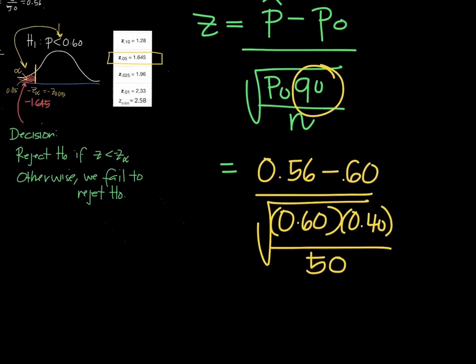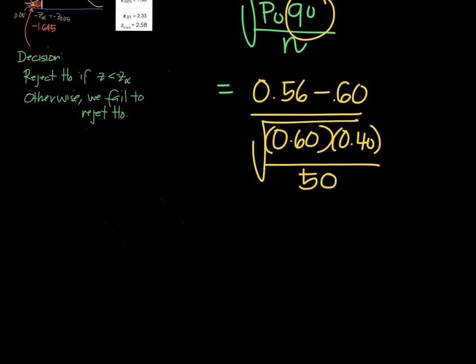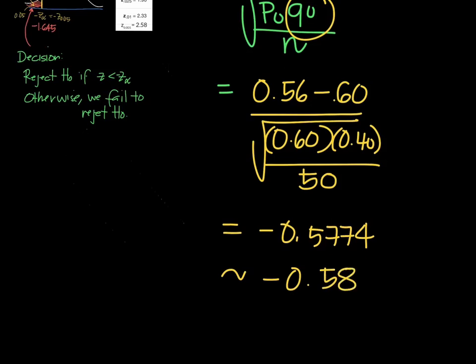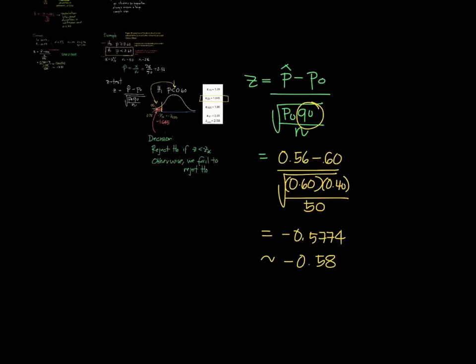And then all you have to do is get your calculator and compute the exact value. So the value that I obtained is negative 0.57735, or we can even say that this is negative 0.58. So that's how we perform step number 3.